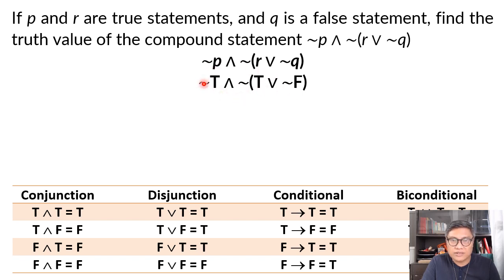Then, of course, we have to simplify first the negations before we apply the others. So here, not true is false, then here, not false is true. But still you have your negation here, but because this one is inside the parentheses, it means that you have to simplify first what is inside the parentheses. So true or true is true.